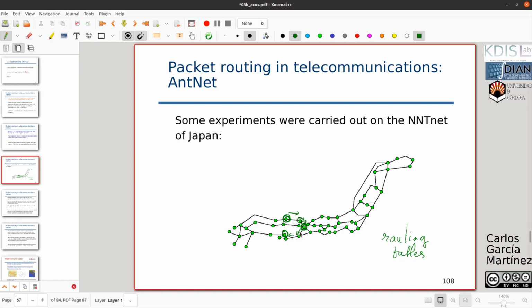Well, in any case, you can observe that this is not the only path for sending the packet from this origin to this destination. So there are different solutions for this particular data packet.